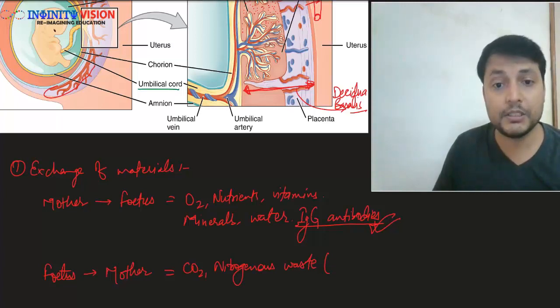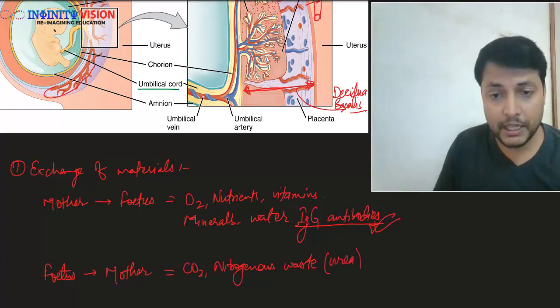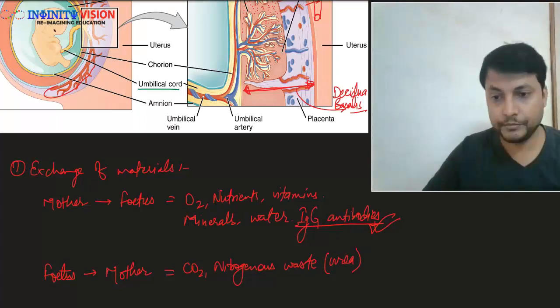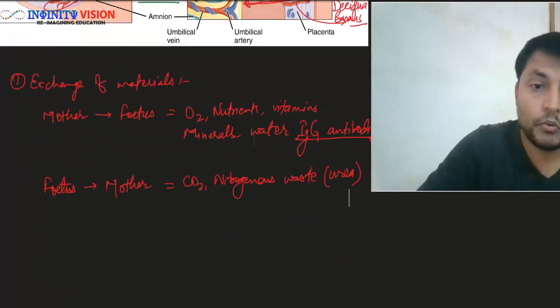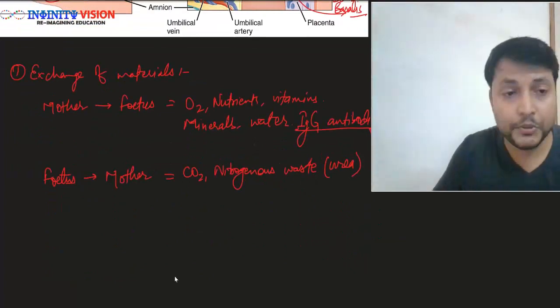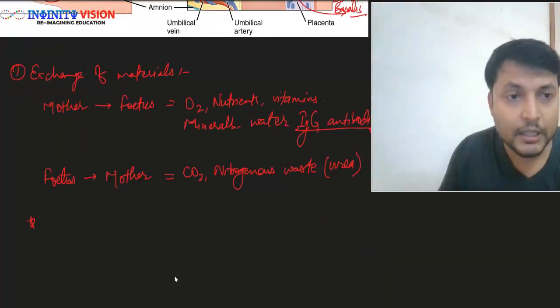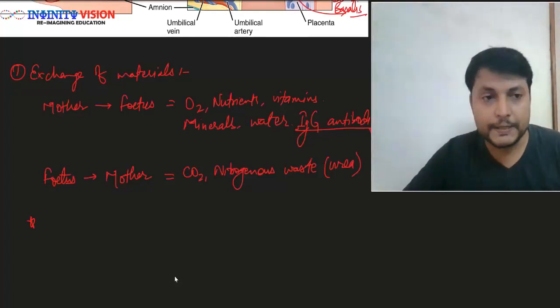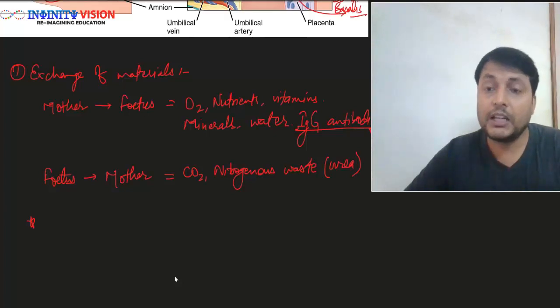We are ureotelic animals, that's why our main or chief nitrogenous waste is urea. Great. Now one thing to remember here again is, apart from these things, certain other things such as alcohol or other drugs can also cross through the placenta.